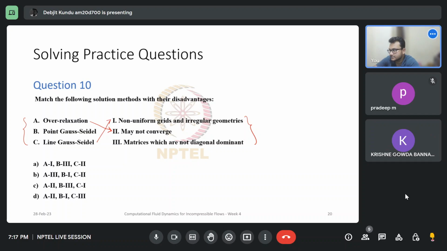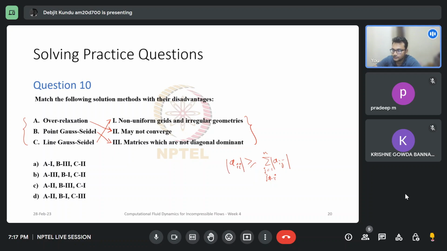So line Gauss-Seidel has problems with non-uniform grids and irregular geometries. So that leaves us with this last option, that is point Gauss-Seidel has problems with matrices which are not diagonal dominant, which means the diagonal term magnitude is greater than or equal to the sum of the magnitudes of all other terms, j equal to 1 to n, j not equal to i.